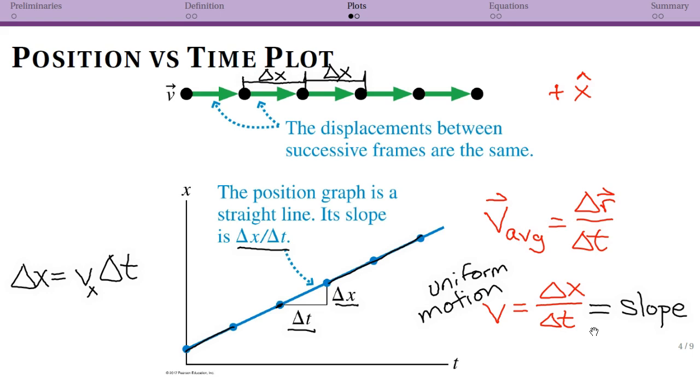And since we know that our delta t is the same on our motion diagram, and that this is now constant because we're in uniform motion, of course we will see the same change in position, the same delta x, every single time.